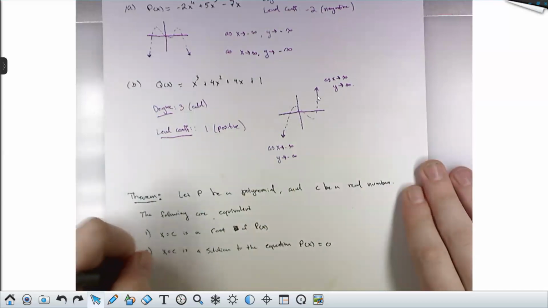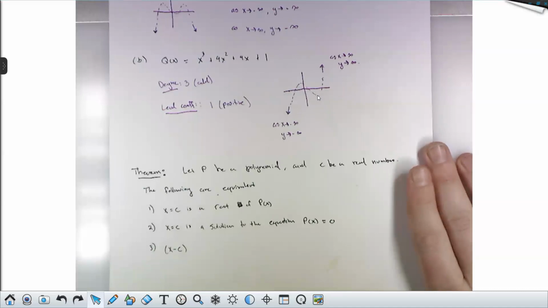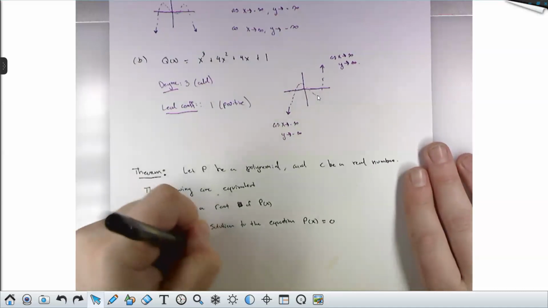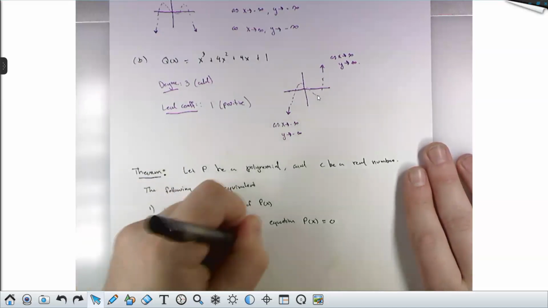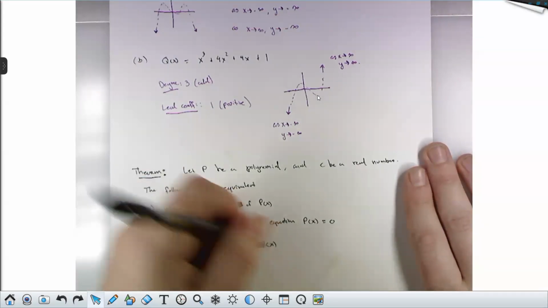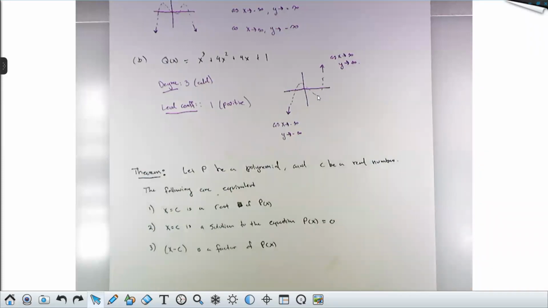Definitely more exciting than that, the first implication is that x minus c, if c is a root, is automatically a factor. In other words, p of x can be written as x minus c times some other polynomial of degree 1 less than p.